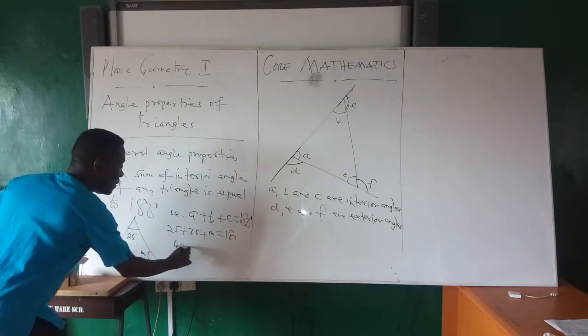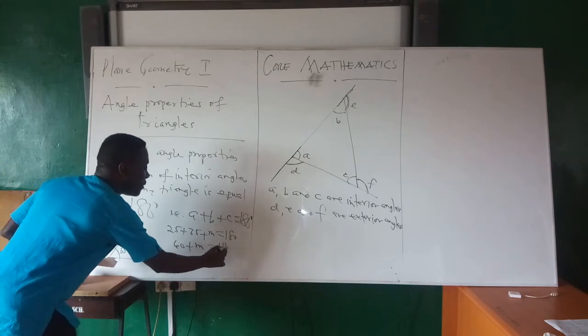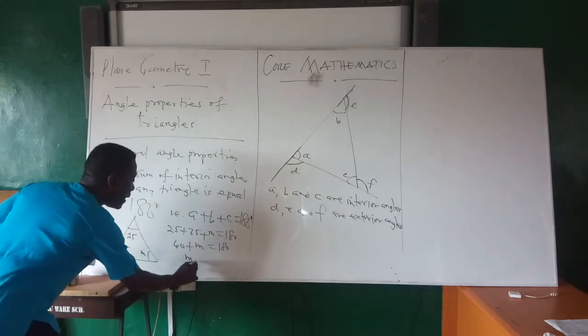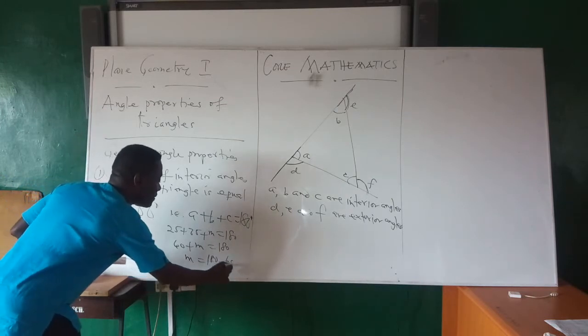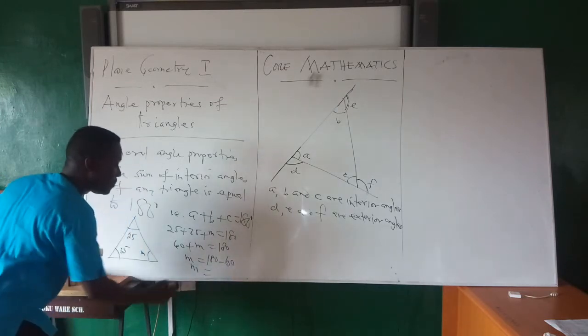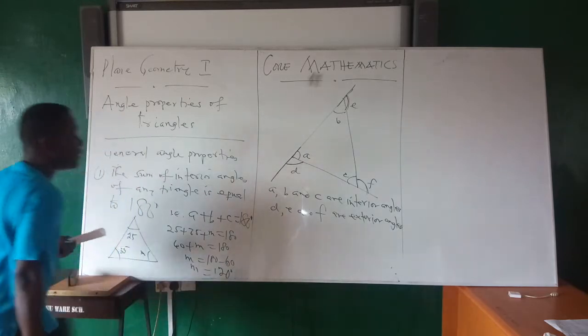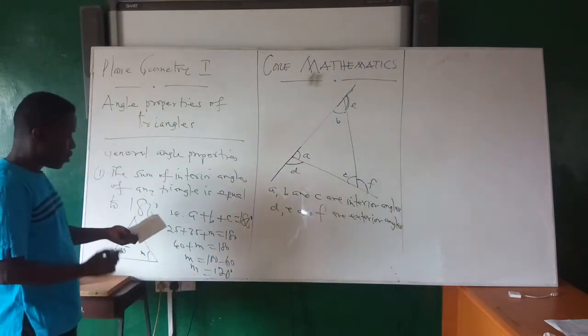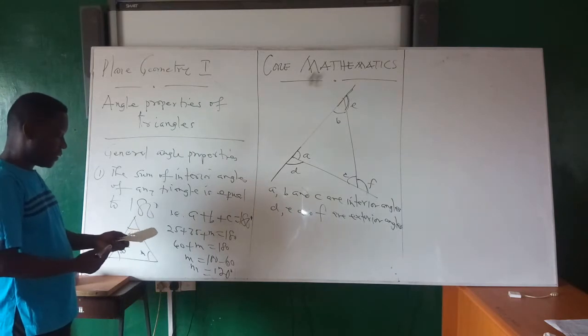So 60 plus M will give me 180, and then my M will be 180 minus 60, and so my M is equal to 120 degrees. So that is my first general property.